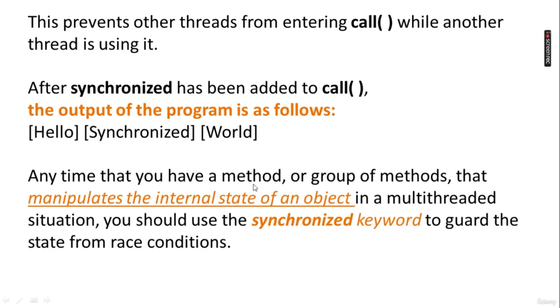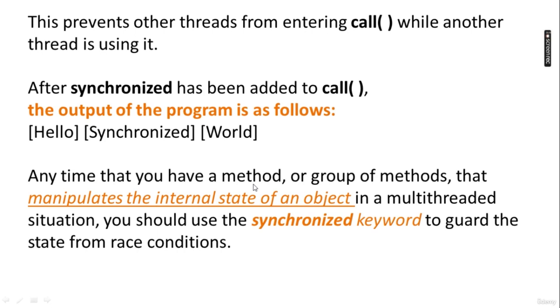Anytime that you have a method or group of methods that manipulates the internal state of an object in a multi-threaded situation, you should use the synchronized keyword to guard the state from race condition. Okay, so anytime that you have multiple methods that manipulate the internal state of the same object in a multi-threaded situation.